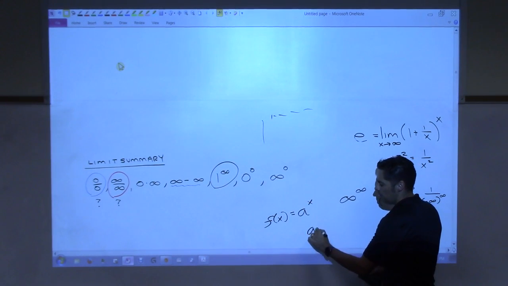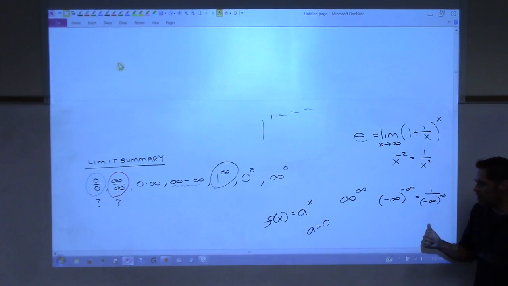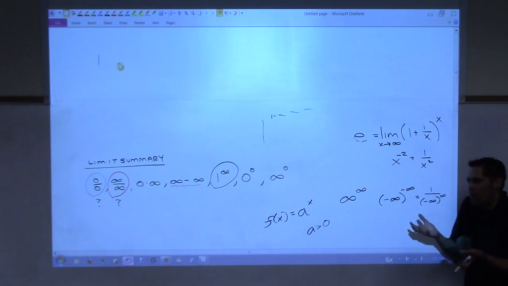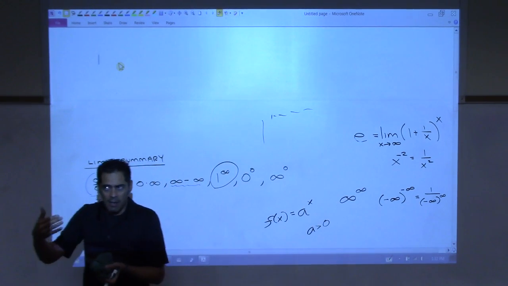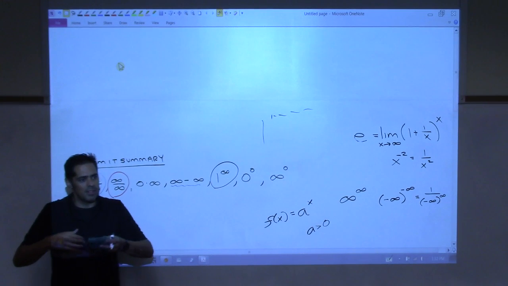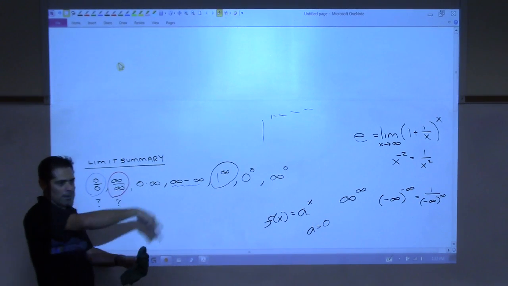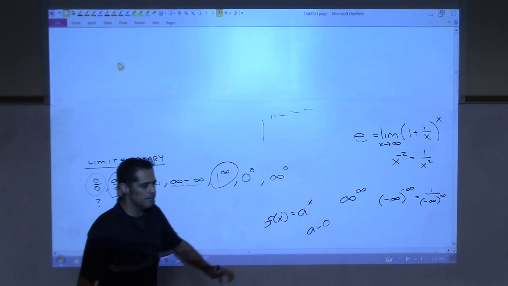We had a very strong condition that a had to be positive, that our bases had to be positive. The reason why is because if you start taking negative bases and raising them to powers, your graph just starts doing crazy things. Negative numbers raised to positive even integers are positive, but raised to odd integers are negative. So your graph starts to scatter around like salt and pepper up and down. It's a mess. So we just throw them out.